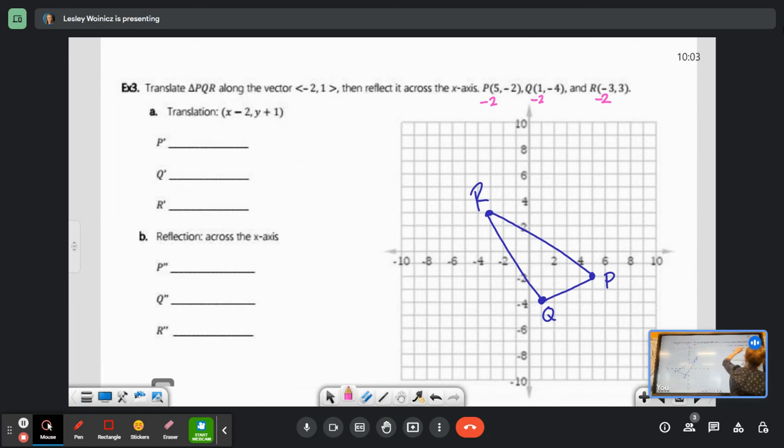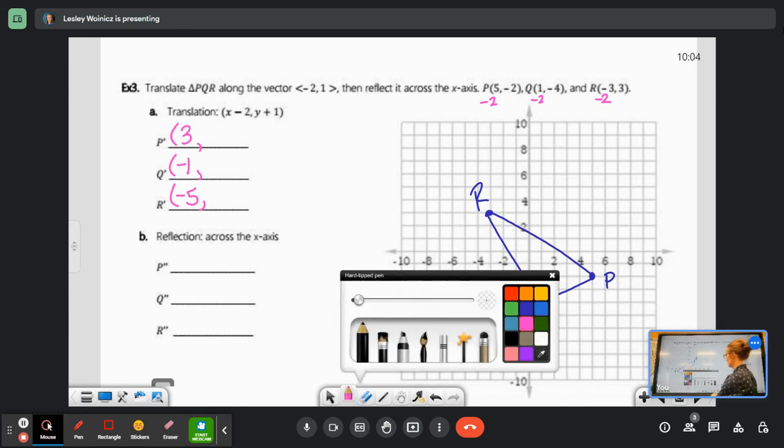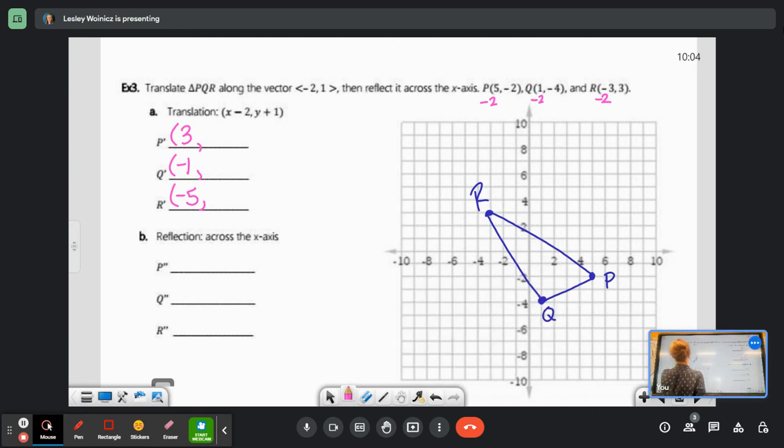Then I'm going to put all of my x coordinates first. So 5 minus 2, that's 3. 1 minus 2, that's -1. -3 minus 2, that's -5. If I don't switch back and forth, I'm less likely to make a mistake. So you learn things like this when you have a brain like mine.